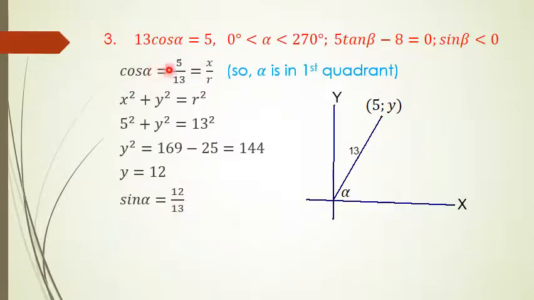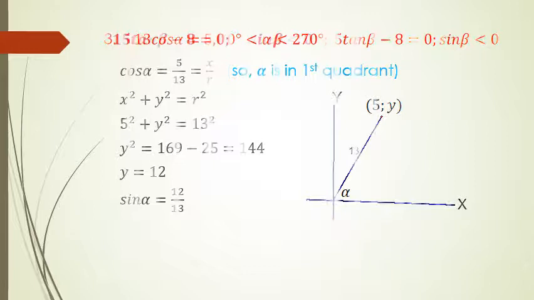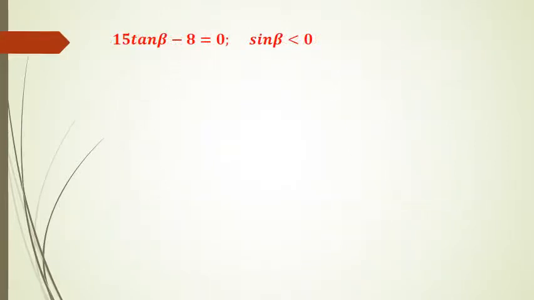Now we have both cos alpha and sine alpha. The next thing is we must now use these two pieces of information to find sine beta and cos beta. Coming now to the angle beta: 15 tan beta minus 8 equal to 0, sin beta less than 0.